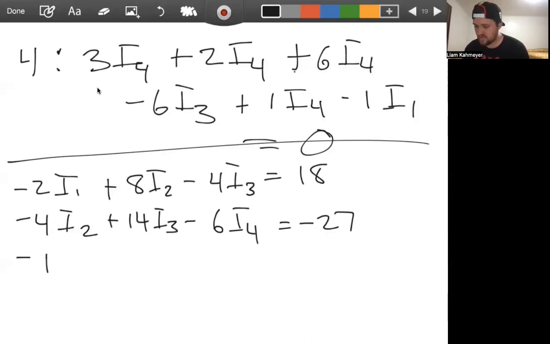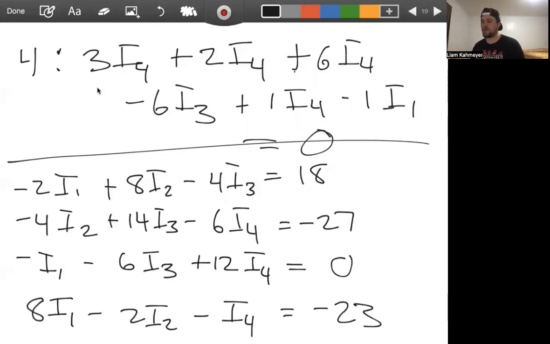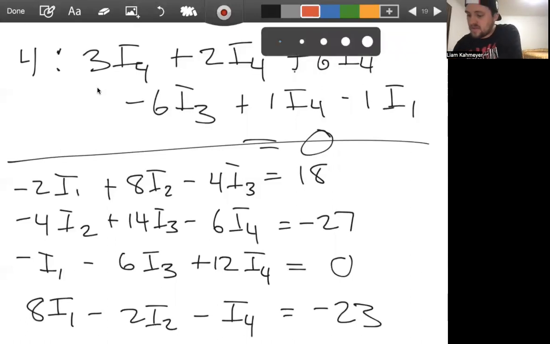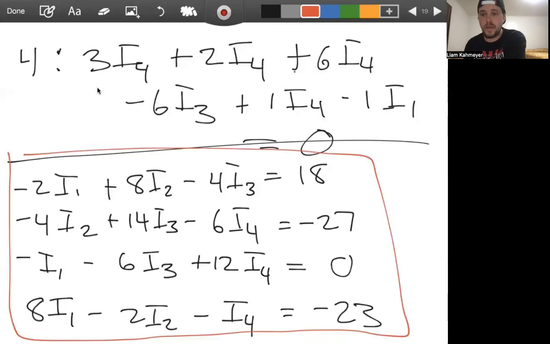And then negative I1 minus 6I3 plus 12I4 equals 0. We have 8I1 minus 2I2 minus I4 equals negative 23. And so this would now be the system of equations that solves for the current.